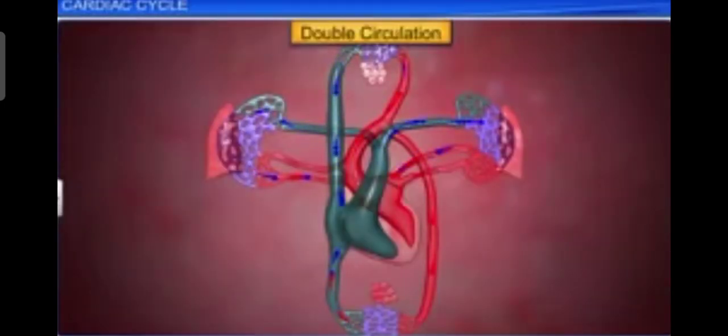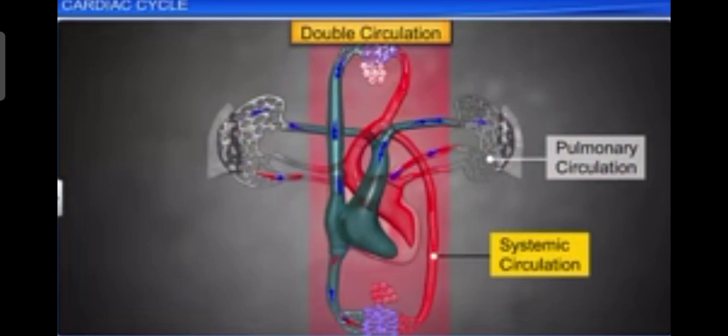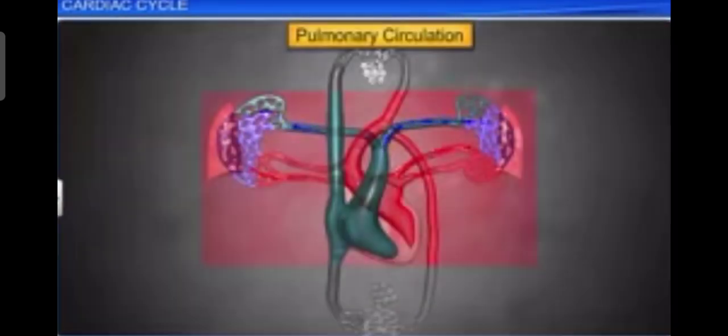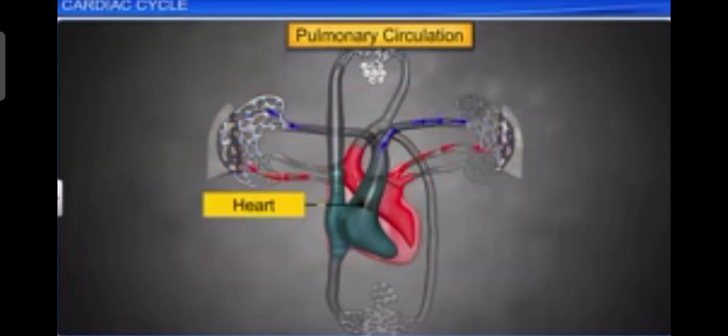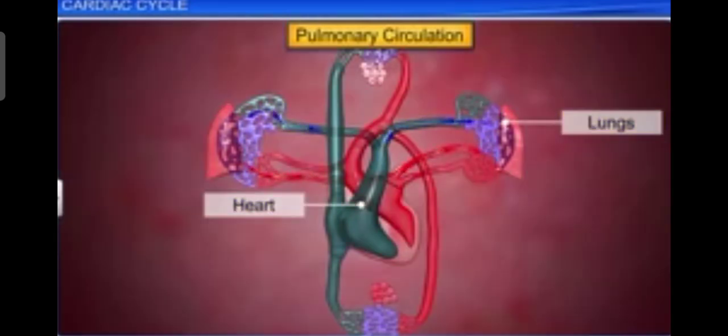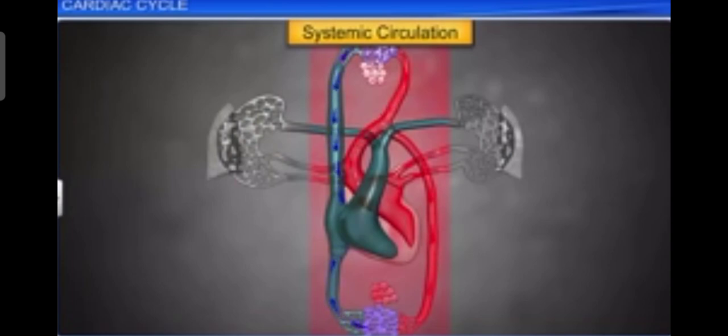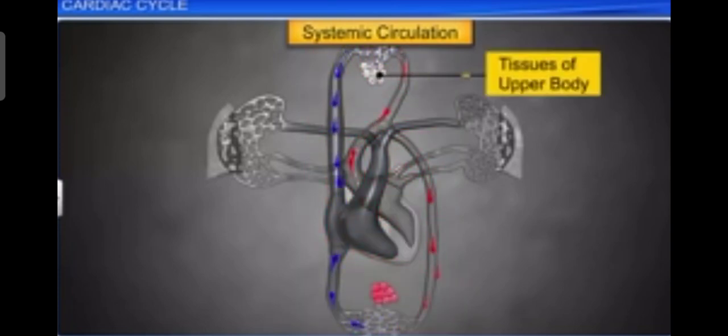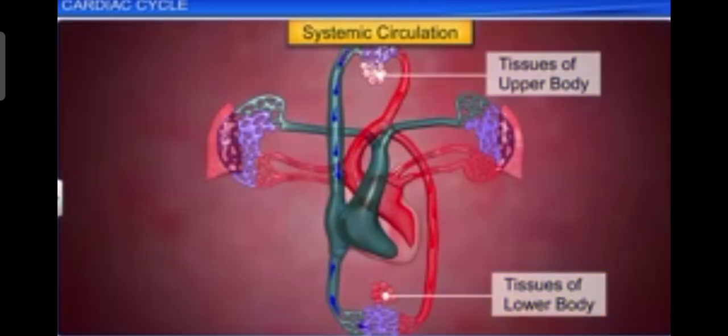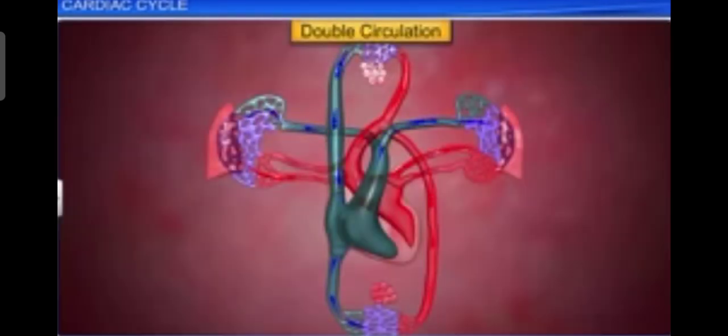Double circulation consists of pulmonary and systemic circulations. Pulmonary circulation consists of circulation of the blood between the heart and the lungs, and systemic circulation consists of circulation of the blood between the heart and the tissues of the body, from heart to toes.